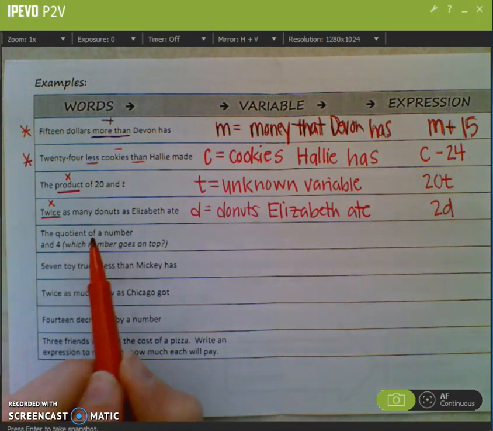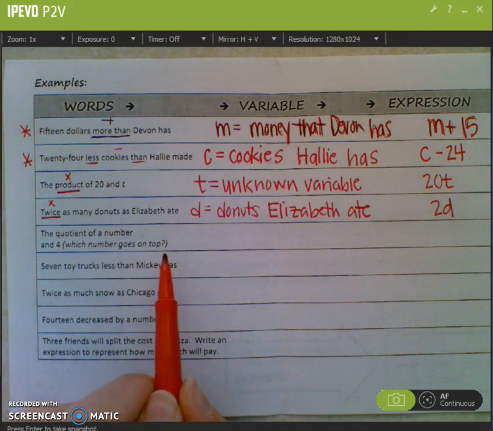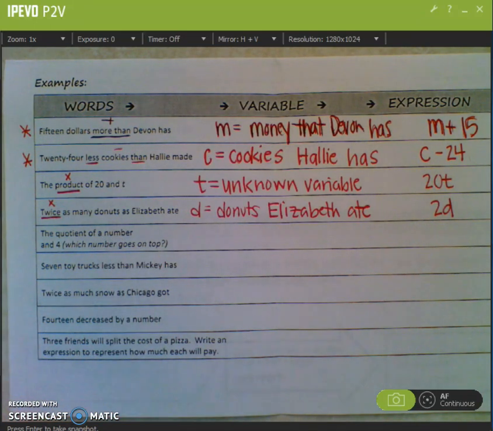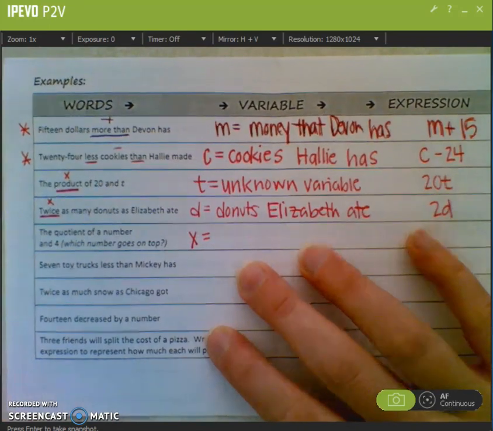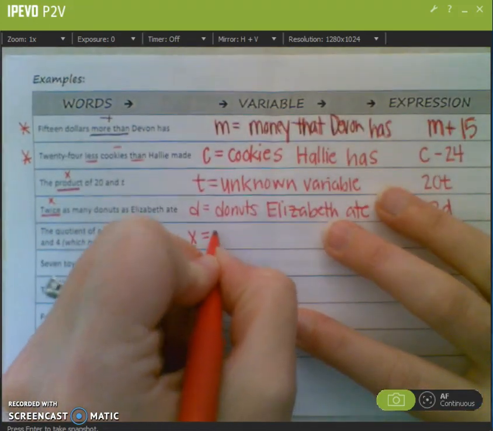You've got the quotient of a number and 4. Think about which number goes on top. We've got a number, so I'm just going to pick any letter of the alphabet I want. I like X because it's our universal algebra letter. You can choose any letter A through Z. X equals our unknown number.